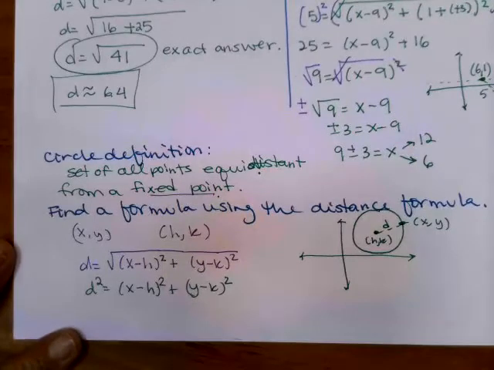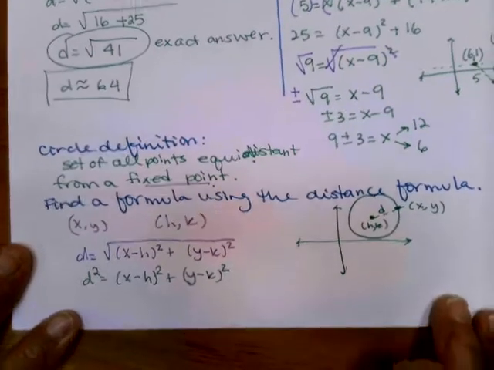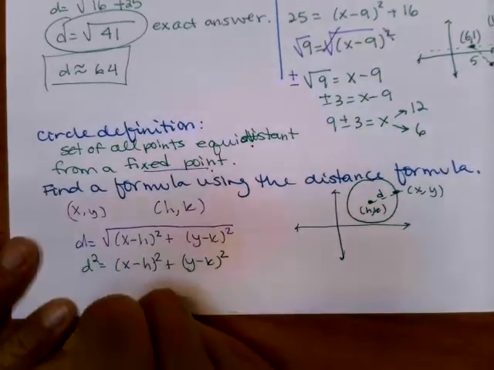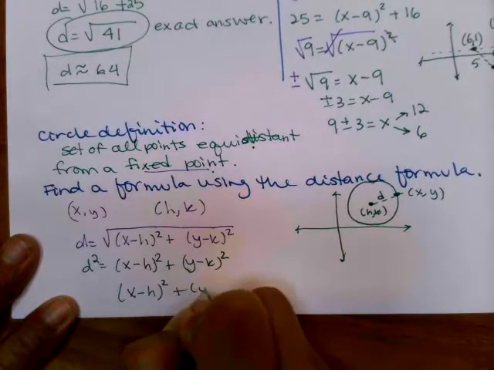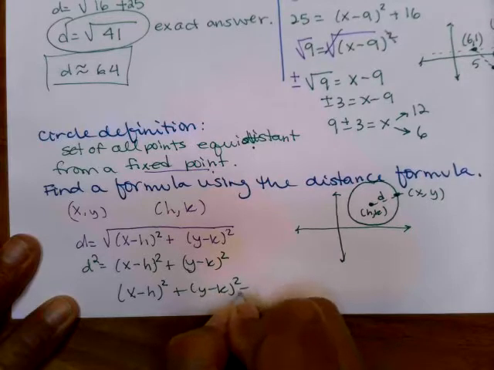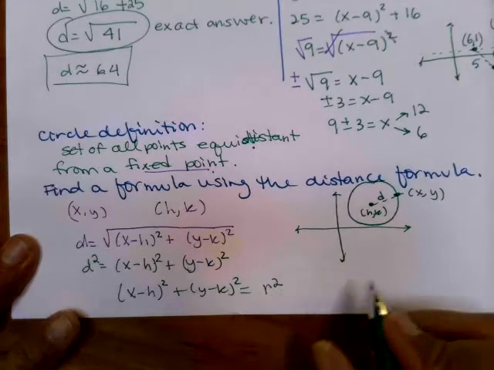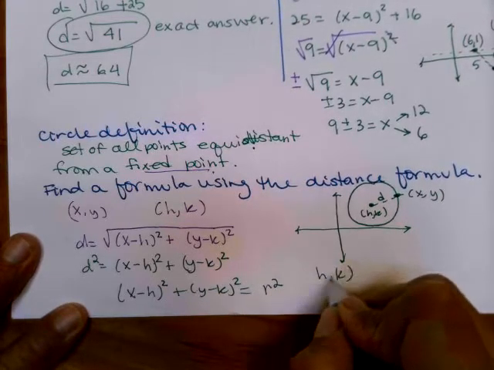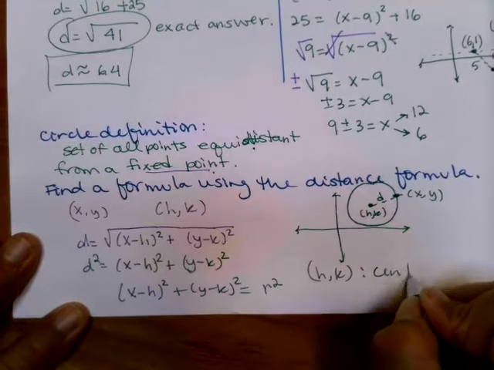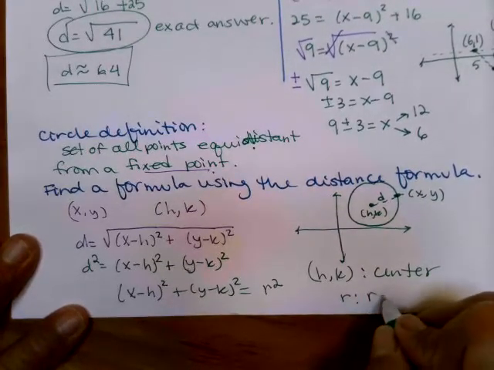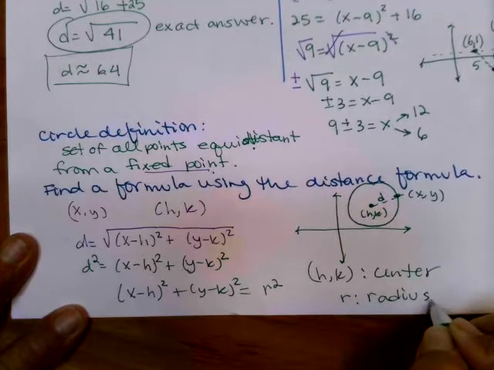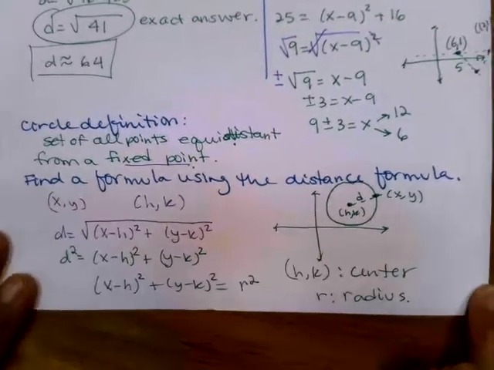We'll write it as r. So this is how we're going to use it. So (x minus h) squared plus (y minus k) squared equals r squared, where (h, k) is the center and r is the radius.